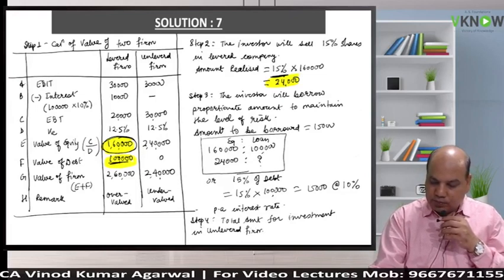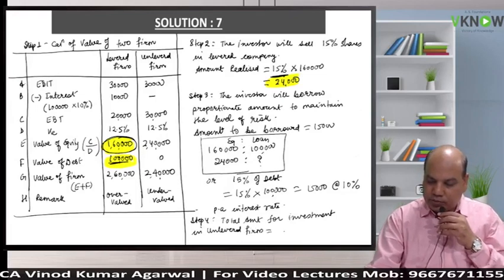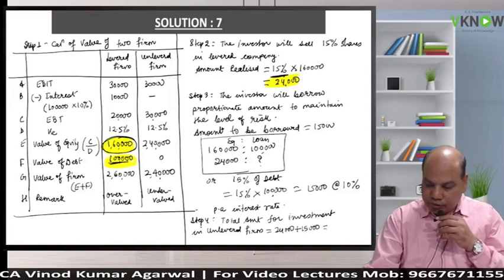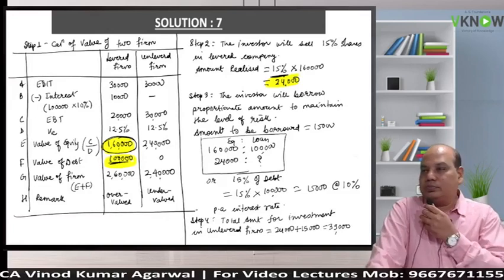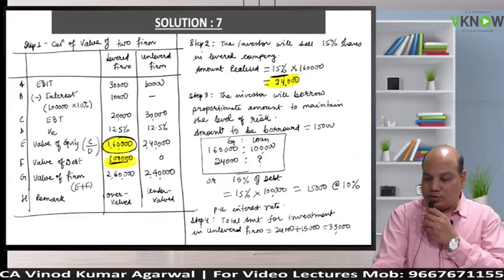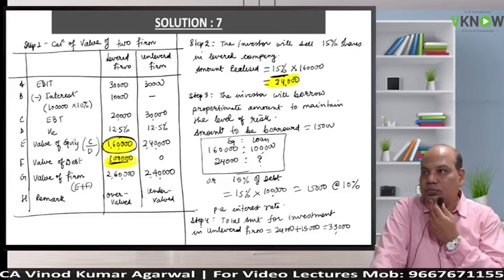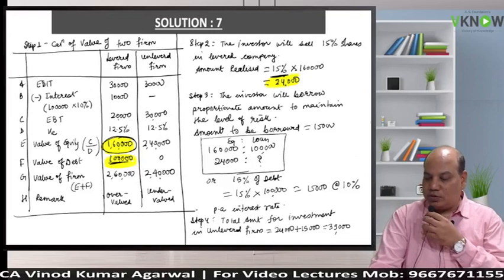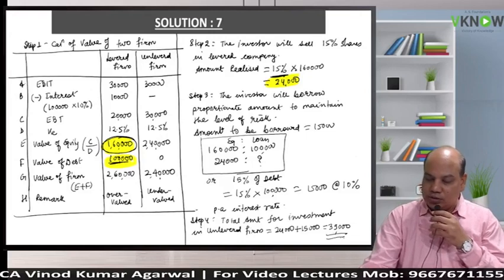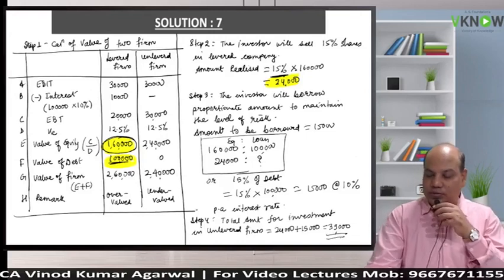Total amount available for investment in unlevered firm will be own fund 24,000, borrowed fund 15,000, equal to rupees 39,000. So he will put 39,000 in the unlevered firm. He has his own money 24,000. He borrowed 15,000. So now he will invest 39,000 in the unlevered company.